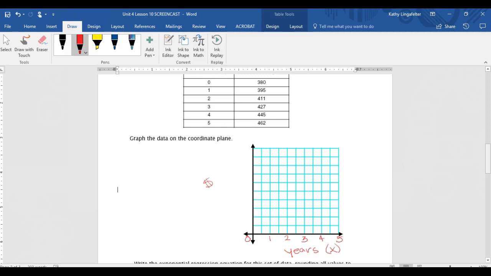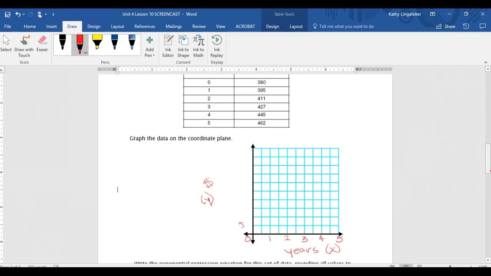Now for the money, or the y-axis, it goes from 380 to 462. So I probably want to make it all the way up to 500, and I still have 10 spaces to fill out. So 500 is what I want to make it up to, divided by my 10 spaces would be counting by 50s.